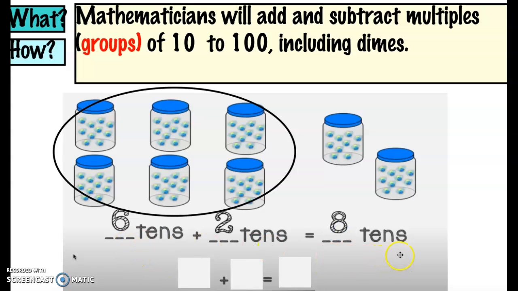So that's the tens way. Now let's do it the regular way. 6 tens gives us what? 10, 20, 30, 40, 50, 60. 2 tens gives us what? 20. 60 plus 20 is 80. Excellent.